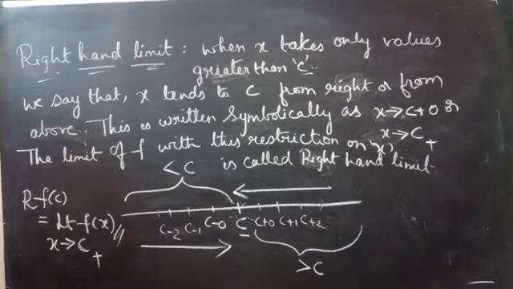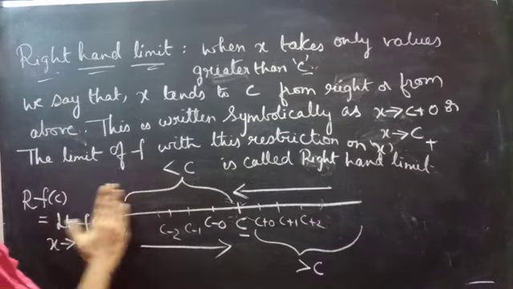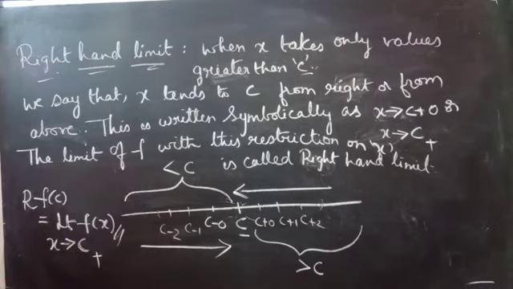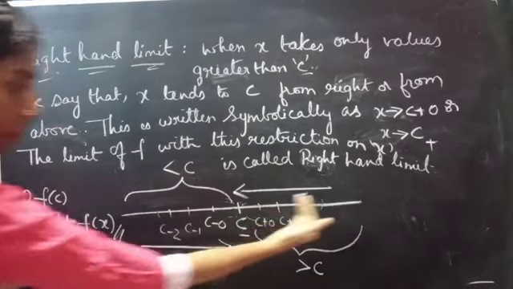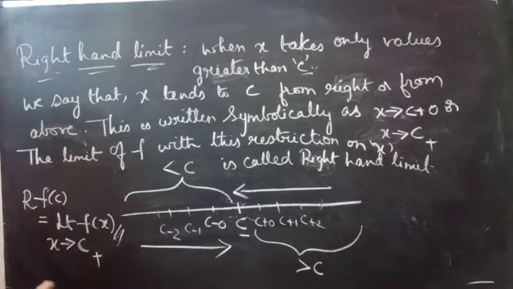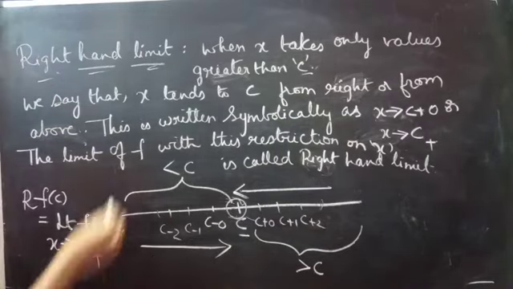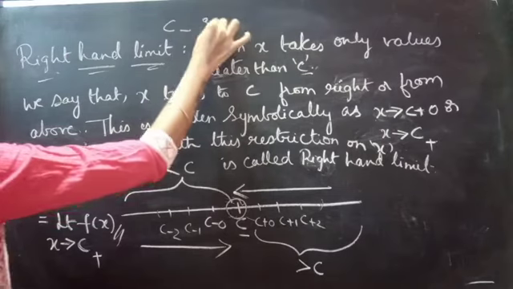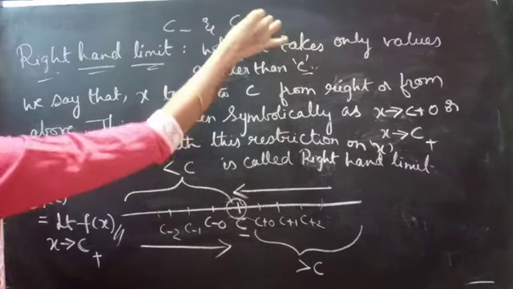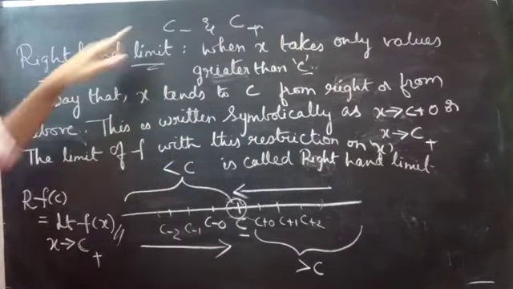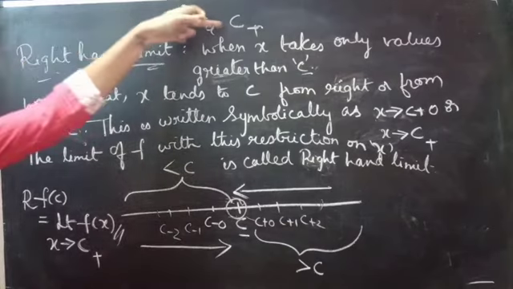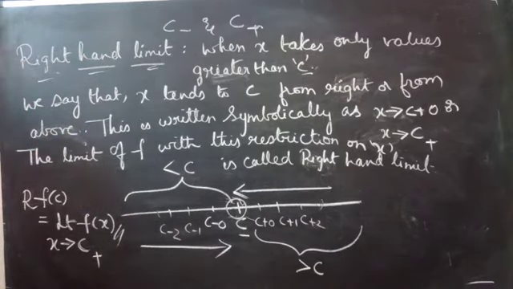Okay. Simply, left means it approaches from left and right means it approaches from right. Finally, it approaches to c. It can be c minus for left hand limit and c plus for right hand limit.